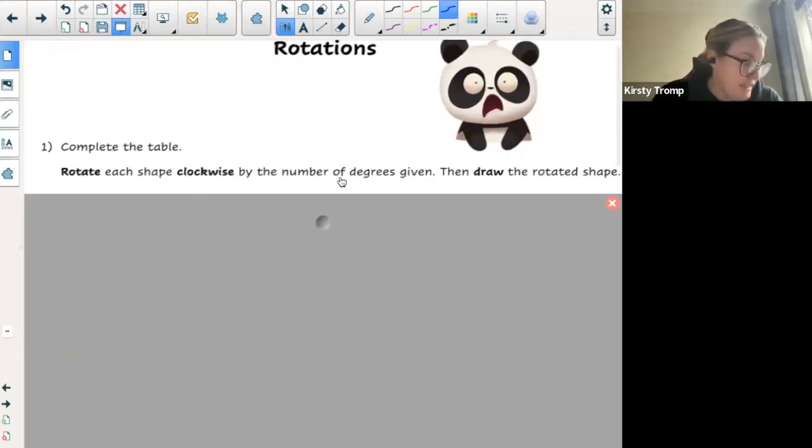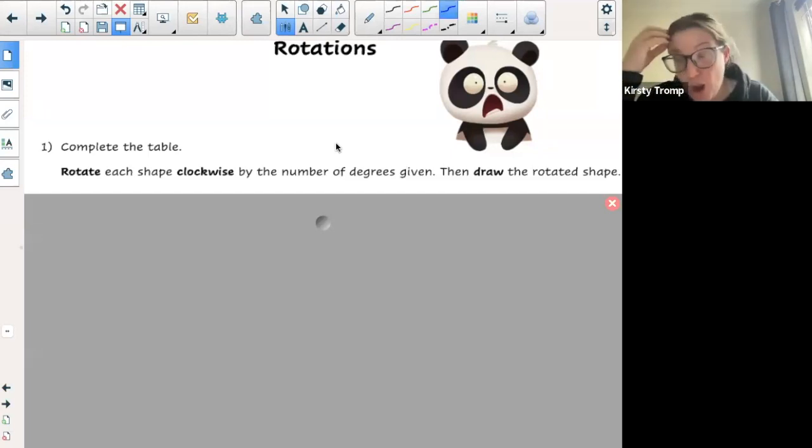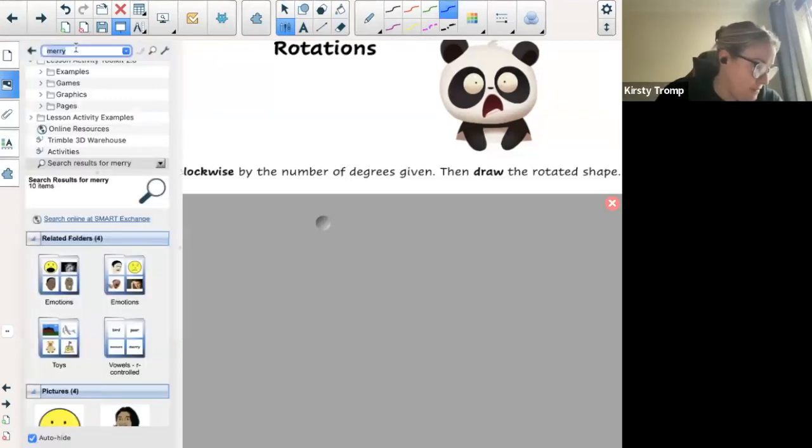Here we go. It says, complete the table. Rotate each shape clockwise by the number of degrees given. Then draw the rotated shape. So the first thing we need to do, guys, is think about what clockwise means. I'm going to type in here clock.